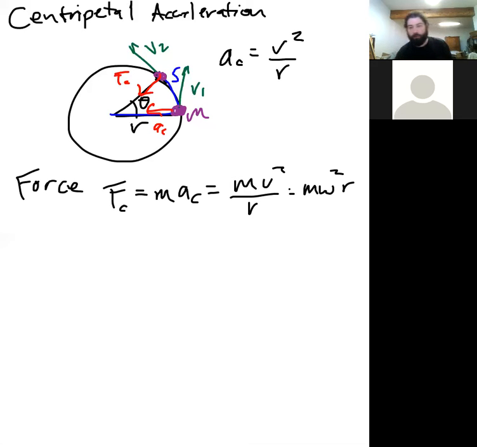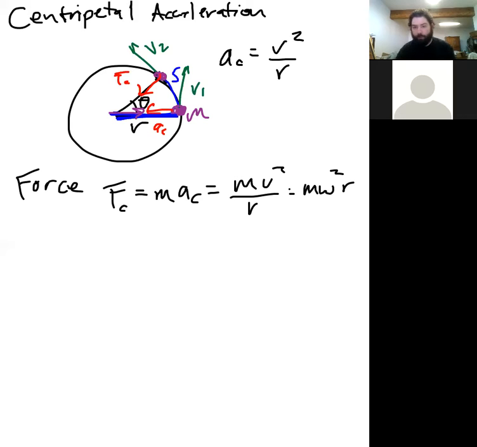So the force is always going to be towards the center. And you can think about that. So the radius here is like your string, and it's pulling out that way. So let's use purple there. So anyway, that's going to be the force pulling out, and then the centripetal is opposite.